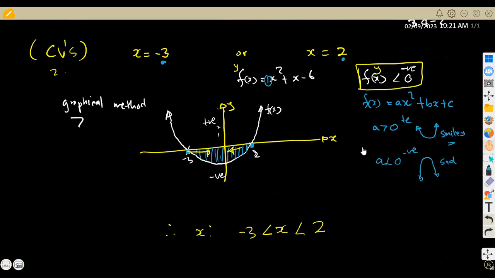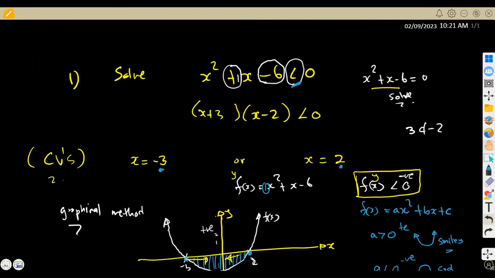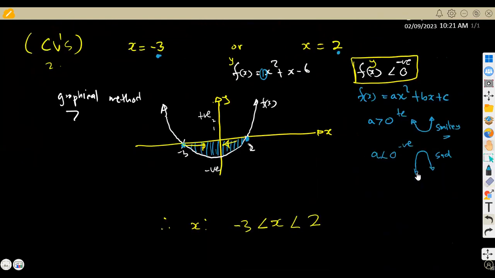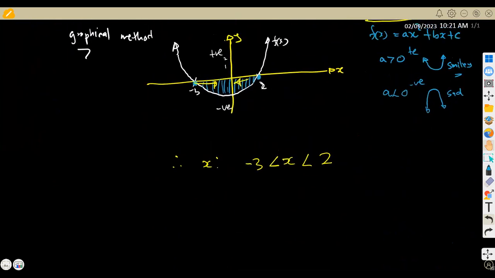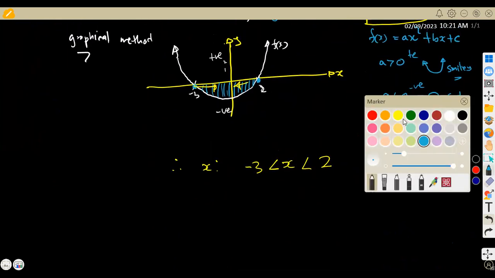So we do not indicate less than or equal to; we just indicate less than, or just a greater than. Okay. Then the other thing that I want us to check is that, let's say this inequality was for us to solve, it was like this.